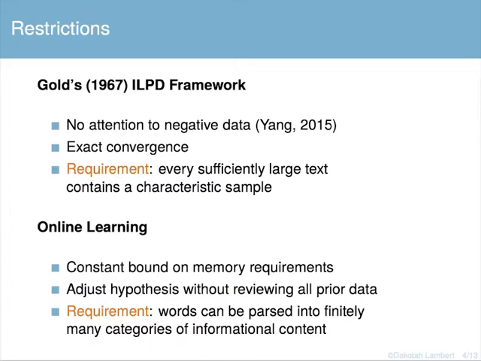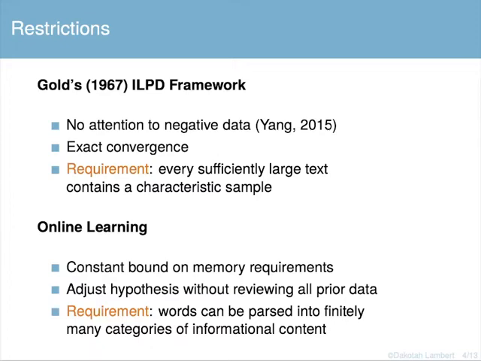In this framework, no attention is given to negative data, and as Charles Yang pointed out in 2015, this can be a common assumption with human learners, and you can still learn negative constraints with only positive data.